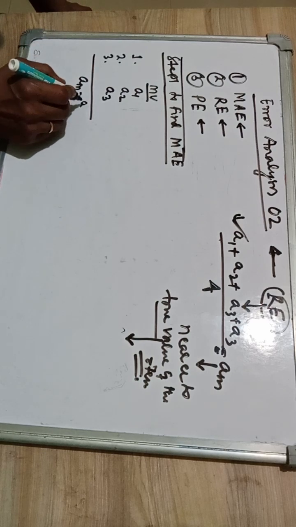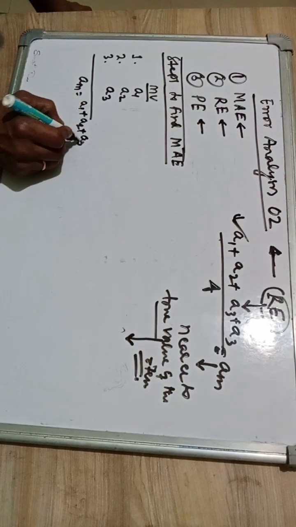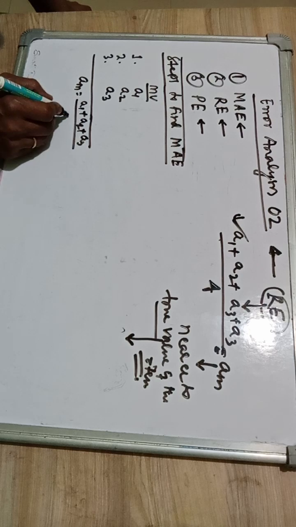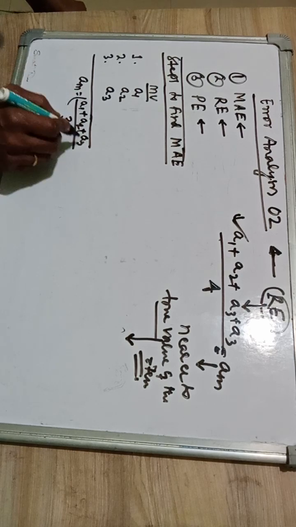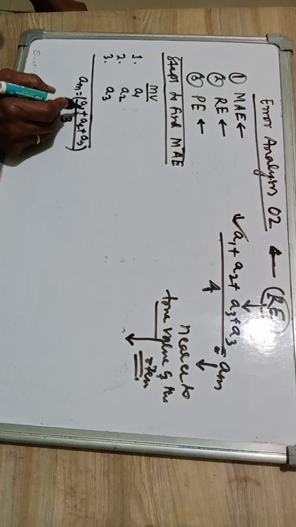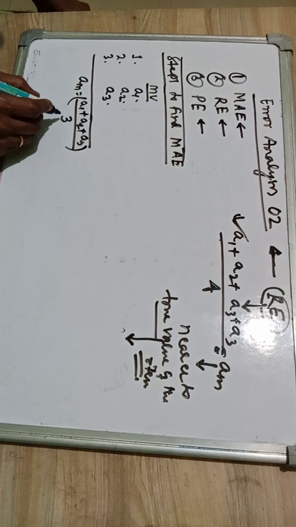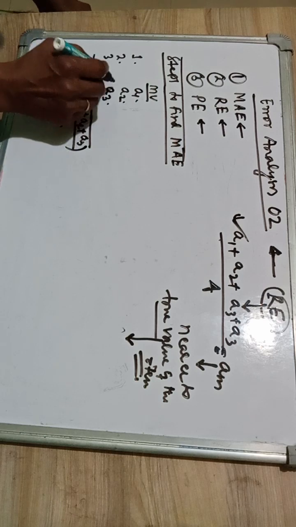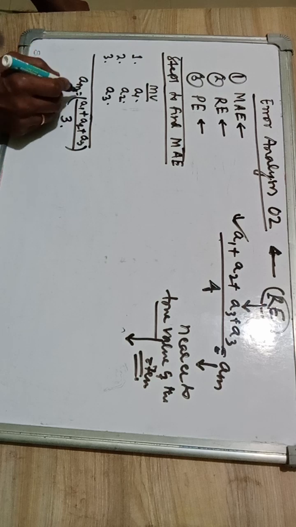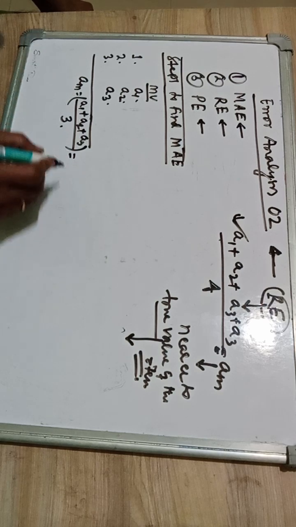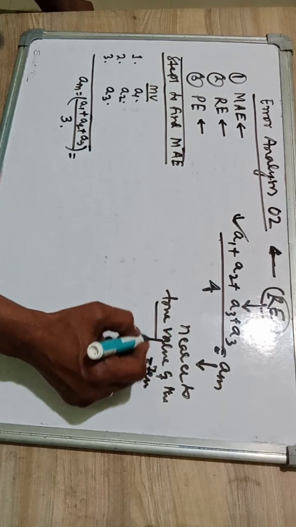That means A1, A2, A3 summed and divided by the number of measurements. Average means the sum of the measured values divided by the number of measurements. Here we have taken three measurements, hence we divide by 3. This is A mean.